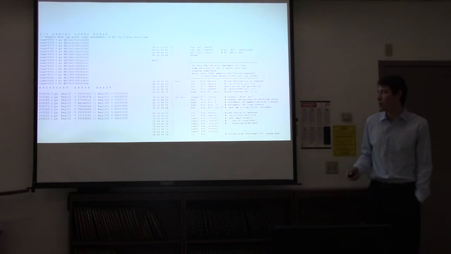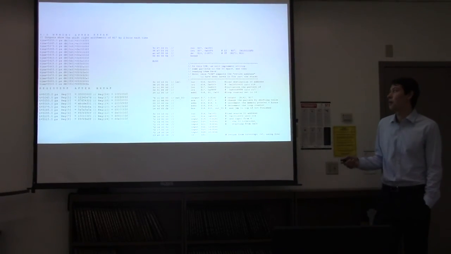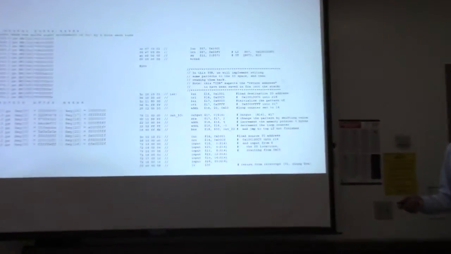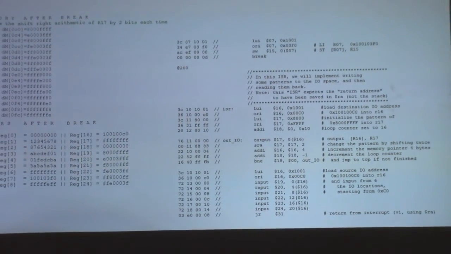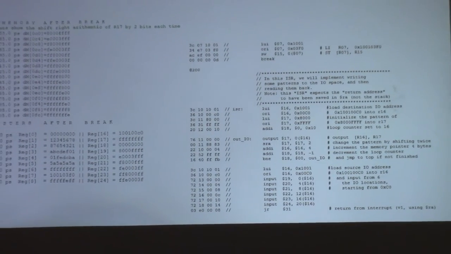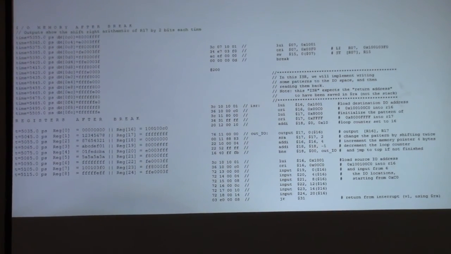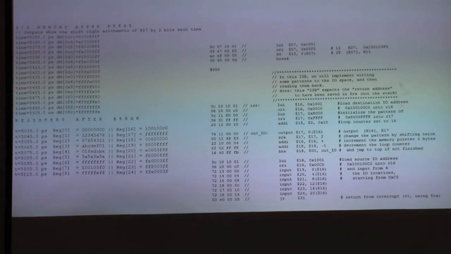For instruction memory 13, this was a test of the input and the output, and it also tested our barrel shifter. So we have a loop where the value of R17 is being stored at the IO memory location specified by R16, and then after that it's shifted right arithmetically twice. You can see when it's stored at the IO memory that the sign bit is staying the same in each.